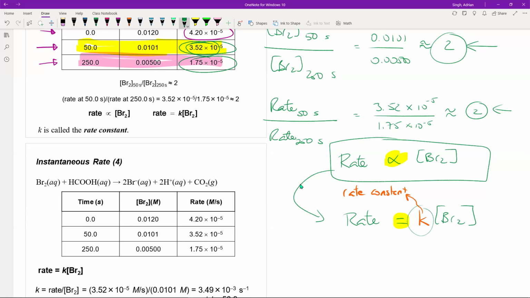We can rearrange this equation very simply, do a little bit of mental gymnastics on this. We can solve it for the rate constant k. So k will be equal to the rate divided by the concentration of Br2.